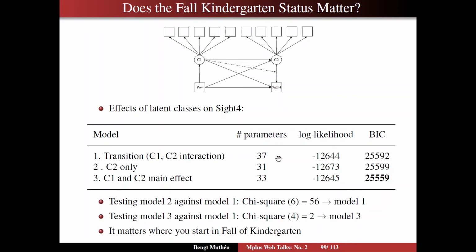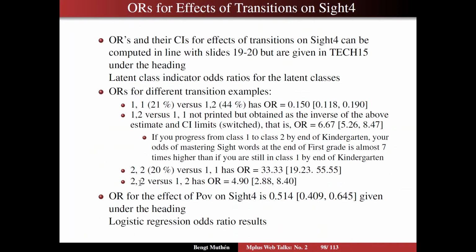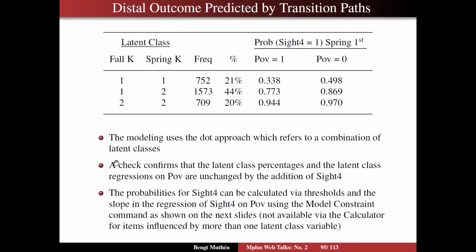And we're going to see how you model this in Mplus. But anyway, the conclusion is it matters where you start in the fall of kindergarten, but it's not the transition that matters so much as where you were at C1 and where you were at C2. So we're saying essentially that the effect of being in class 1 in kindergarten, that kindergarten status effect, is the same whether you move to class 1 or to class 2.